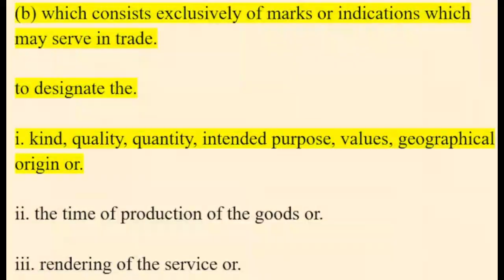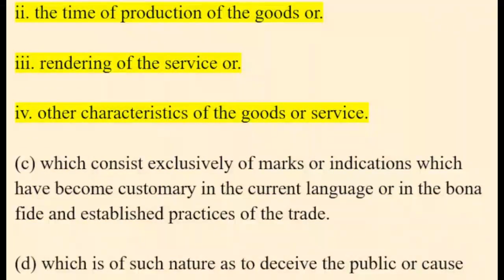B. Which consist exclusively of marks or indications which may serve in trade to designate the I. kind, quality, quantity, intended purpose, values, geographical origin, or II. the time of production of the goods, or III. rendering of the service, or IV. other characteristics of the goods or service.